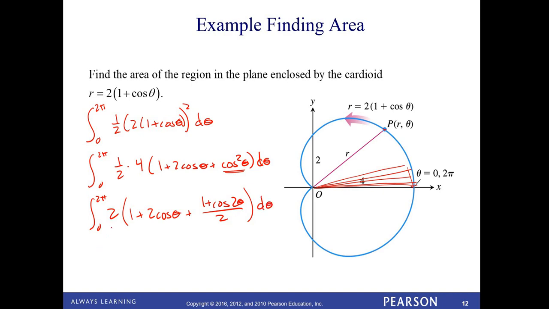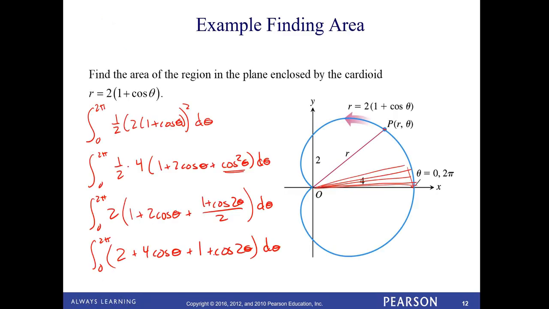Okay? So now you can see why I saved that 2. The integral from 0 to 2 pi, if I distribute, 2 plus 4 cos theta plus 1 plus cos of 2 theta d theta. I'm going to a new screen, so pause if you need to.